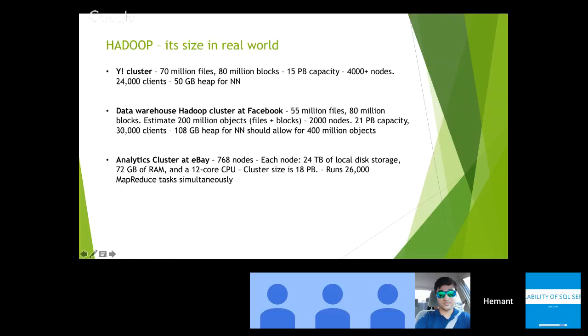These are not the clients using Facebook, but the clients who are managing the Hadoop cluster. Basically, the same goes with eBay. The amount of data and clients is enormous there too. So these are the three major companies which have big implementations of Hadoop.